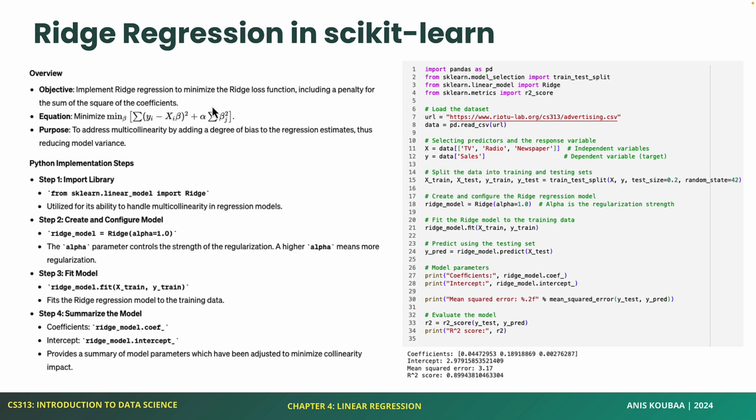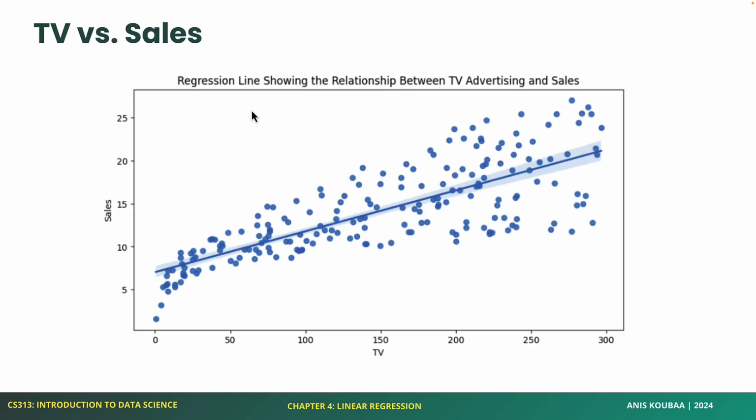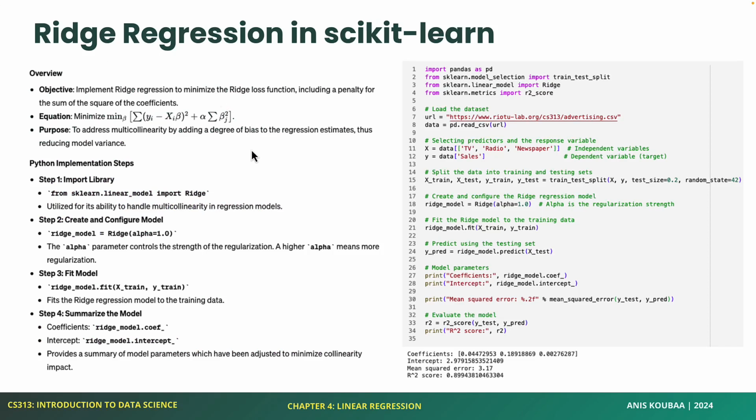This is why it takes an alpha parameter, because alpha is the value that will be integrated into the loss function. Other things are pretty much the same. We use fit, predict, and we can get the coefficients, the intercept, the mean square error, and the R2 score. It's basically the same as linear regression, but with this regularization factor.